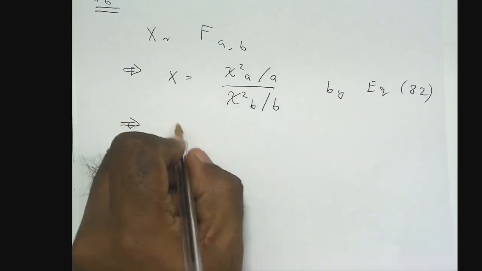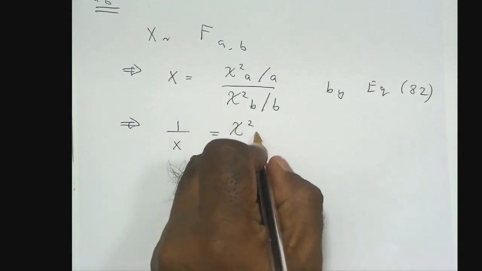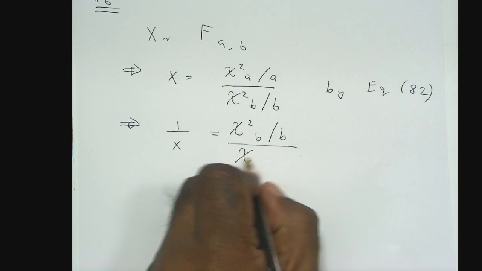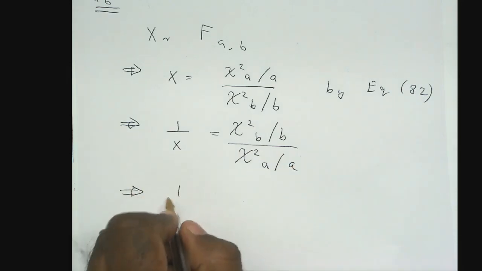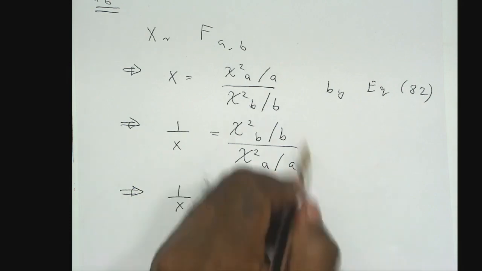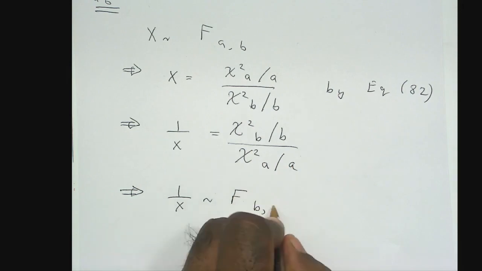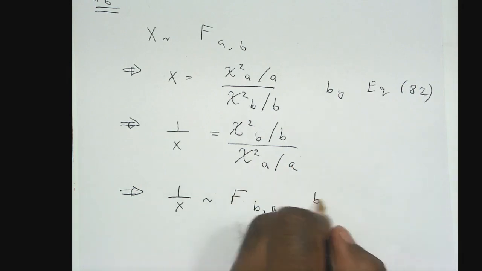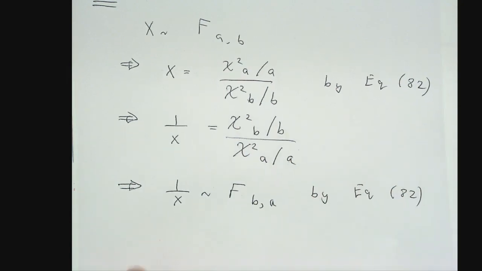Now take 1 divided by X, then it's 1 divided by this, which can be written as this. Once again, by using equation 82, what you have here is also a ratio of chi-squared variables, and therefore it must be an F variable with parameters b and a. It's by equation 82 once again. So we have proved that if X follows the F distribution, 1 over X also follows the F distribution, but with the degrees of freedom switched around.